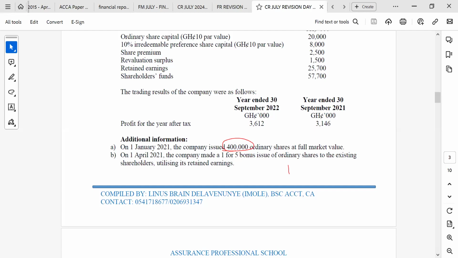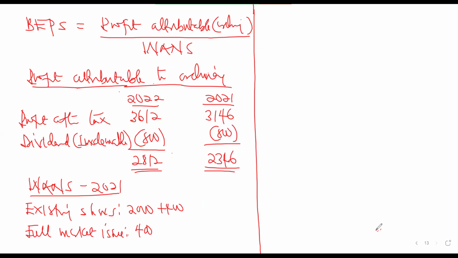If we are doing 1-for-5, we bring 5 existing shares for 1 new. So that will be 1/5 multiplied by 2,000. How many shares are we going to be giving? 400. It means that the bonus issue is affecting, we have to add 400 to these people.